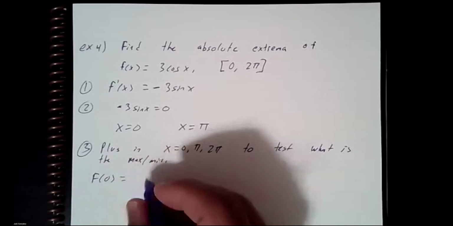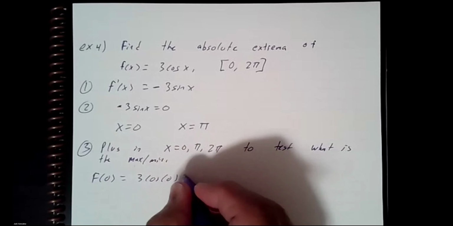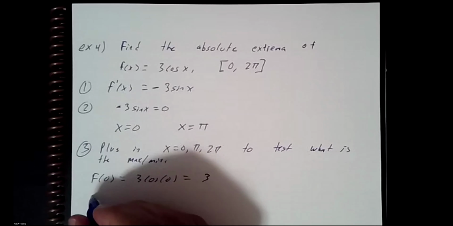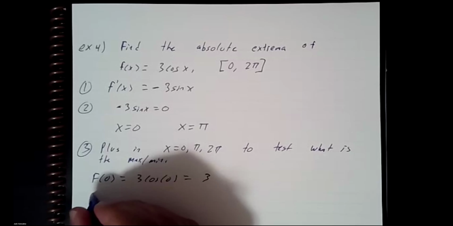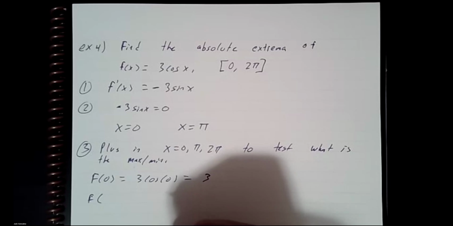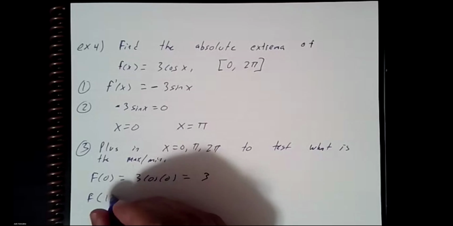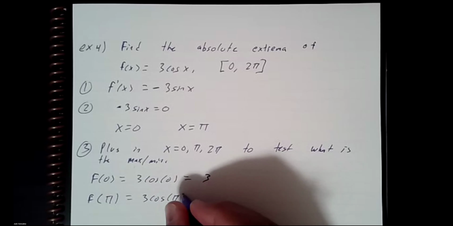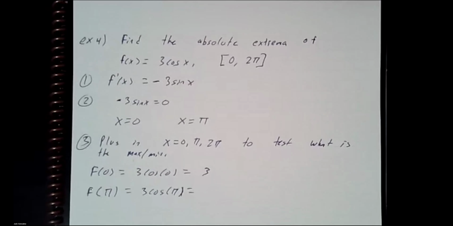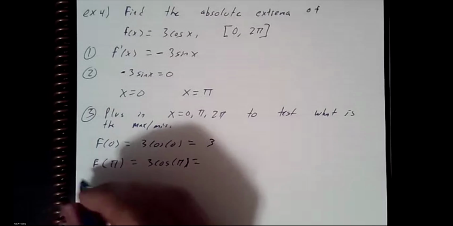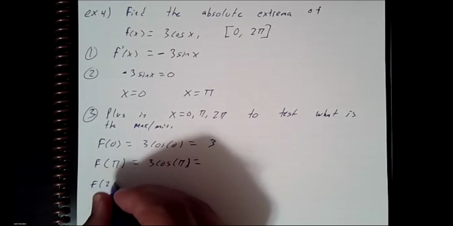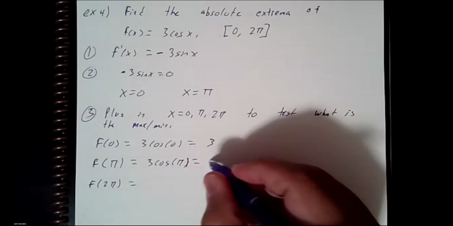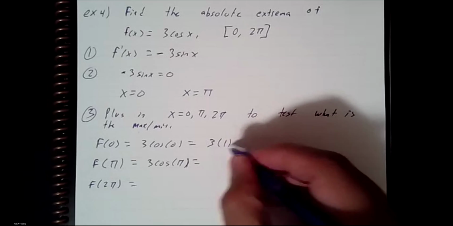F of 0 would be 3 cosine 0, which is 3, right? What is cosine of pi? The first one is 3 times 1, which is 3.